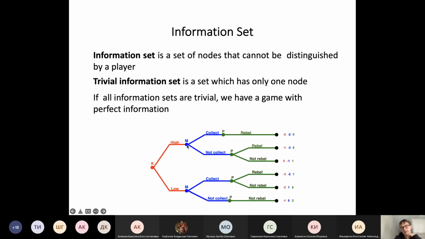As for M, it is a bit more complicated because there are two nodes, and that's why there are two elements. So possible strategies are collect, collect; collect, not collect; not collect, collect; not collect, not collect, right? So strategy consists of two elements.